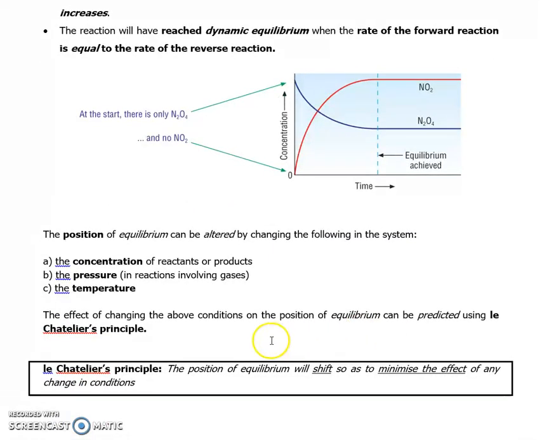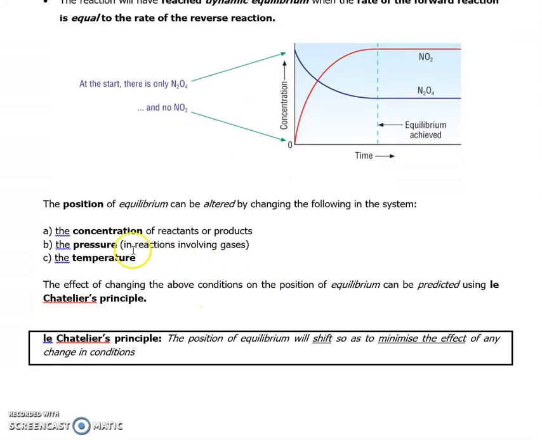Now, we can change the position of an equilibrium. We can do it a number of ways, either using concentration, using pressure, or using temperature. Or we can predict how changing one of these things would affect the position of an equilibrium by using Le Chatelier's principle.